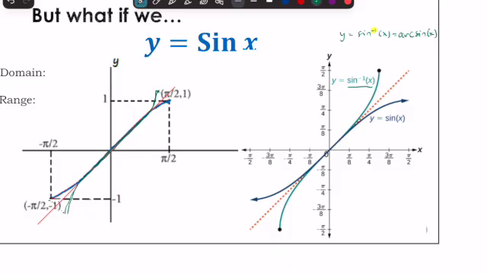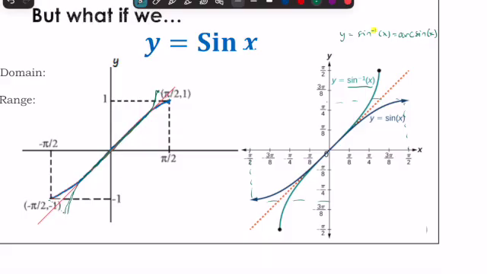So if we look right here, we had the domain of sine was from negative pi over 2 to pi over 2, and the range was negative 1 to 1.